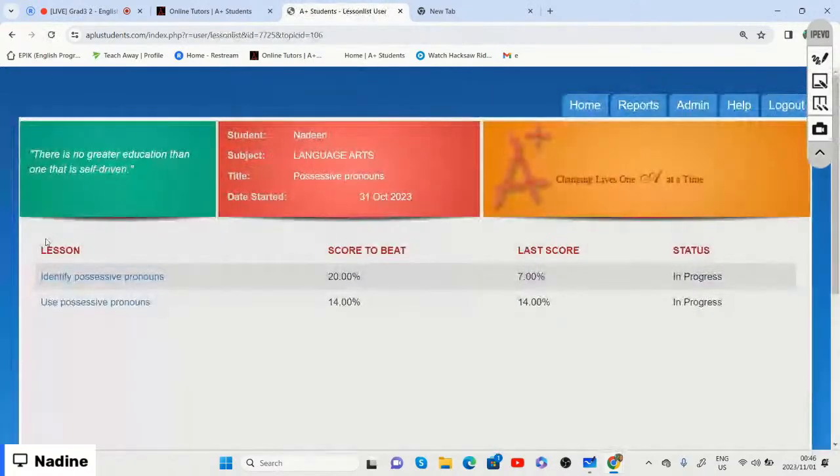So that is our lesson on possessive pronouns, right? We said a possessive pronoun tells us who owns something, or has something, or wants something.